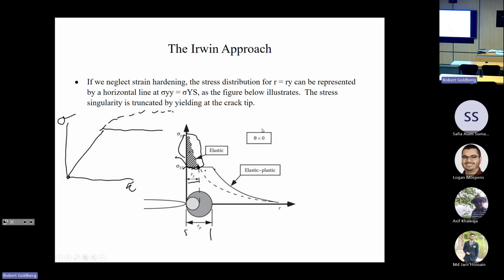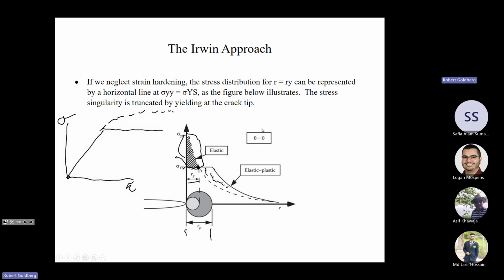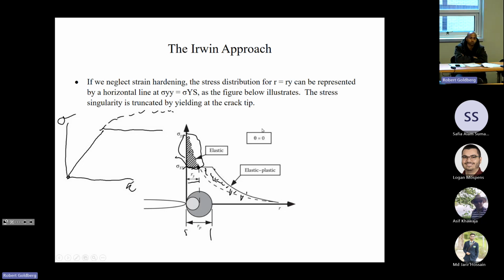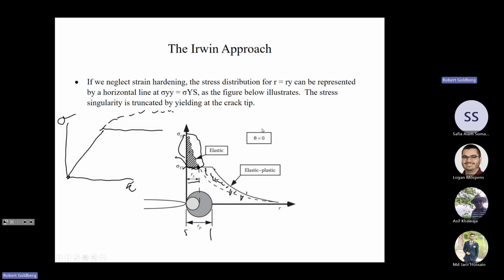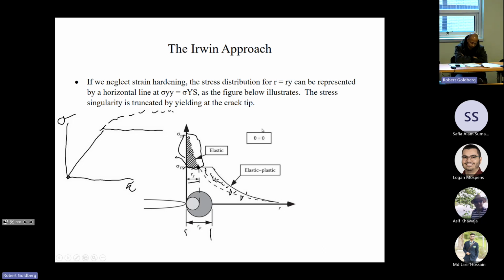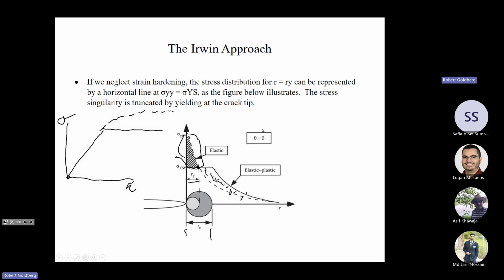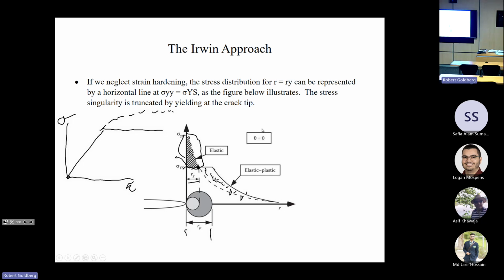All this little area here is taking these stresses and redistributing them here, and therefore we still truncate at the yield stress, but the length over which we truncate the yield stress is bigger than for the purely elastic material, because once you get above the yield stress, you can't increase the stresses.